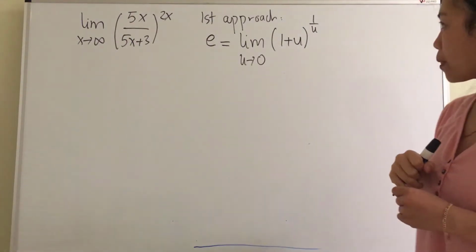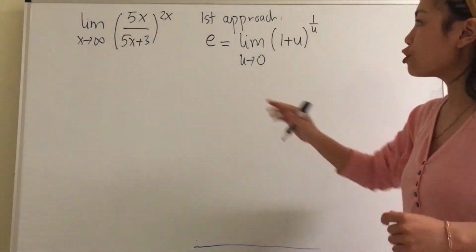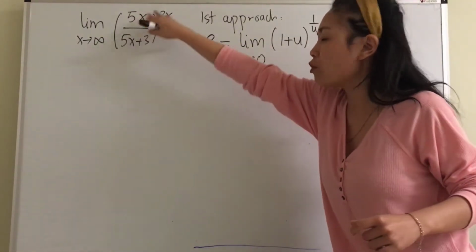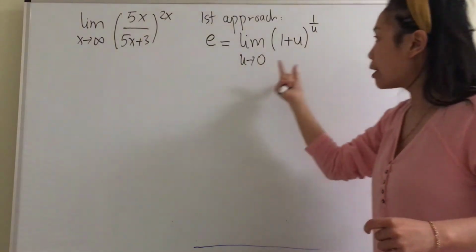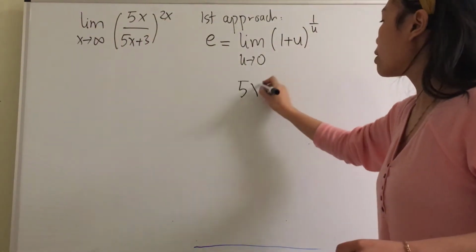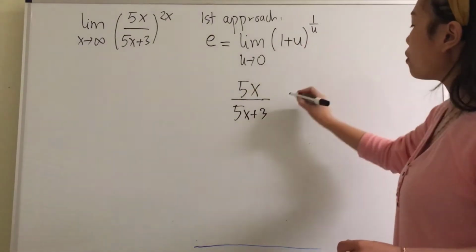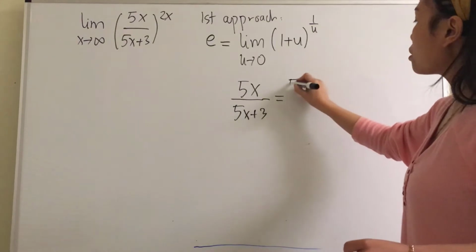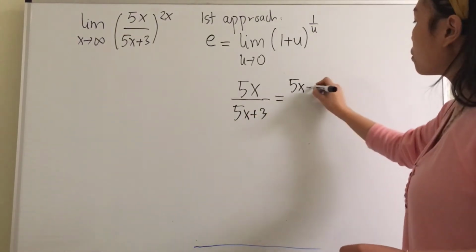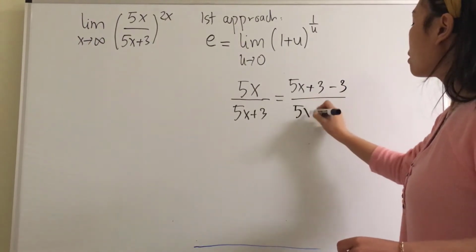So now, in order to apply this limit to this limit, I have to rewrite the whole function inside the parentheses as 1 plus u. So let's see how I can do it here. I have 5x over 5x plus 3. I want to show up the form 1 plus u. So on the top, I'm going to show up 5x plus 3, so 5x plus 3 and then subtract 3, over 5x plus 3.